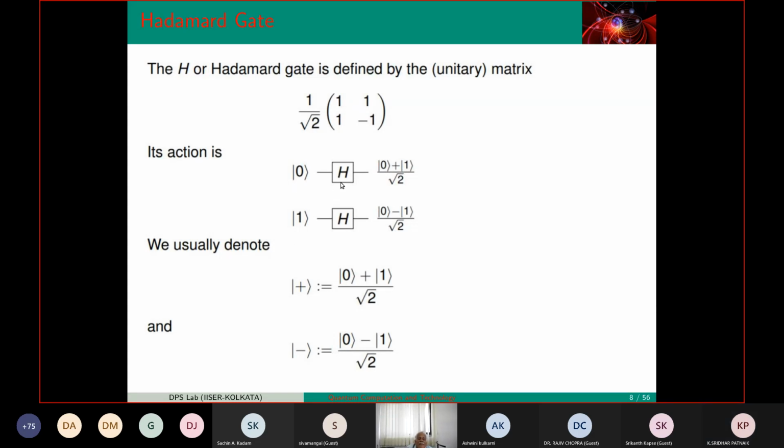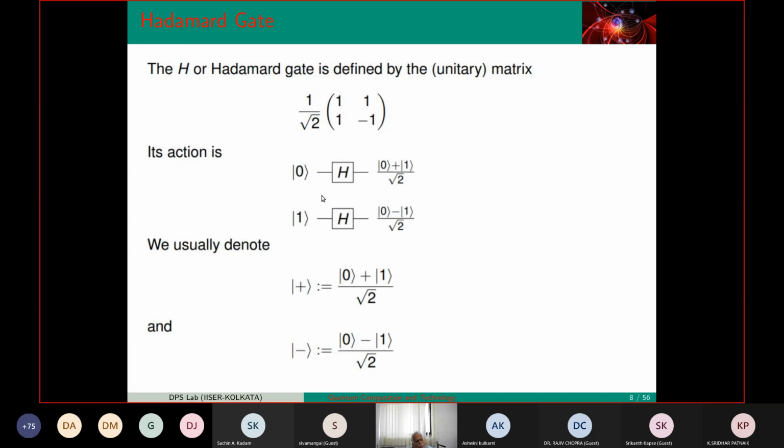So Hadamard is a single qubit operator. This gate acts on only one qubit and produces superposition. So this allows you to find out multiple channels. That is possible through this. This one goes to this, this one goes to that. Now, if you are familiar with light, you will see these things are all known in light.